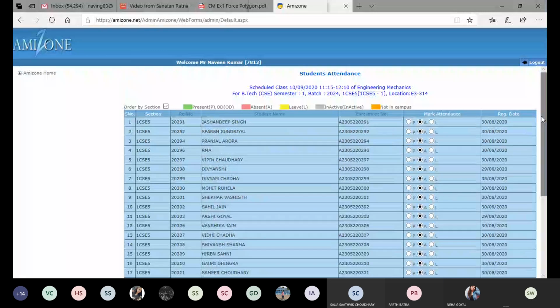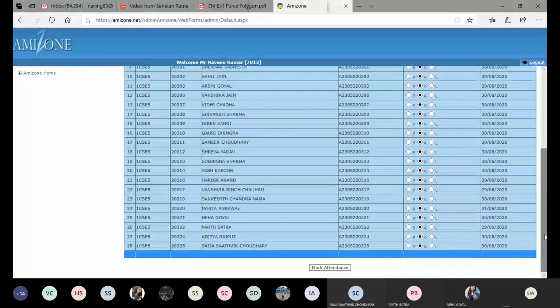After 294, it's roll number 316, Hardik Anand. Is he there or not? 316, Hardik Anand. And 324, Aditya Rajput. So these three students have not shown me. I think they are not in the team.